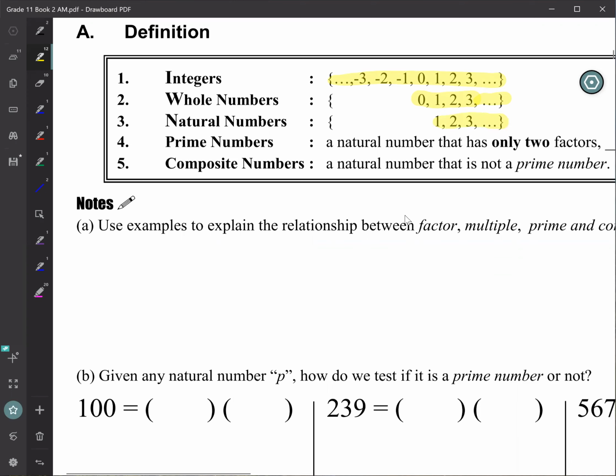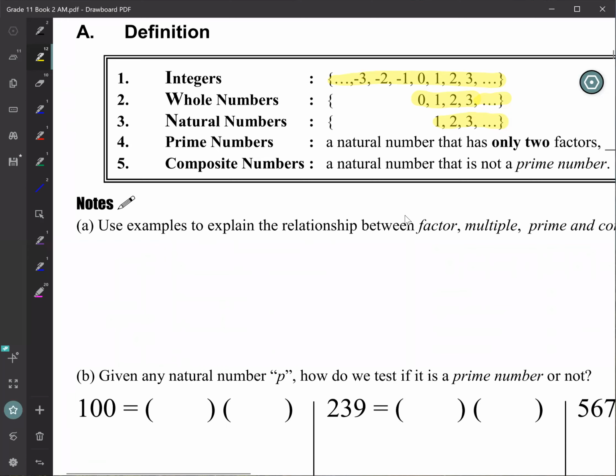The part that's easy to mix up is the whole number and natural number. Which one includes 0, which one doesn't? I remember it two different ways. Natural number, you can think of it as the natural way to count objects. For example, I will be counting how many students there are in the class.